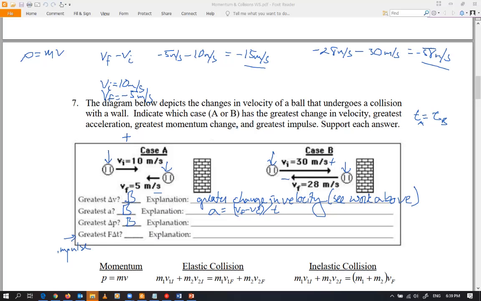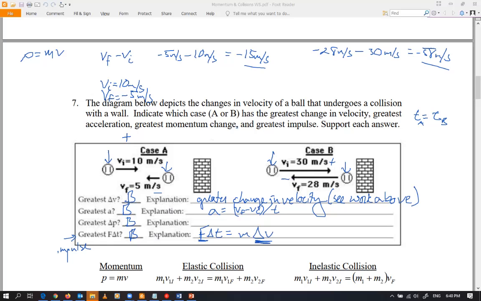And so therefore, if we assume the times are the same for these two instances, then this would also need to be case B. But we understand that that's because F delta t is equal to m delta v. All right. And so the greater change in velocity, if the mass is held constant and time is held constant, means the greater force.